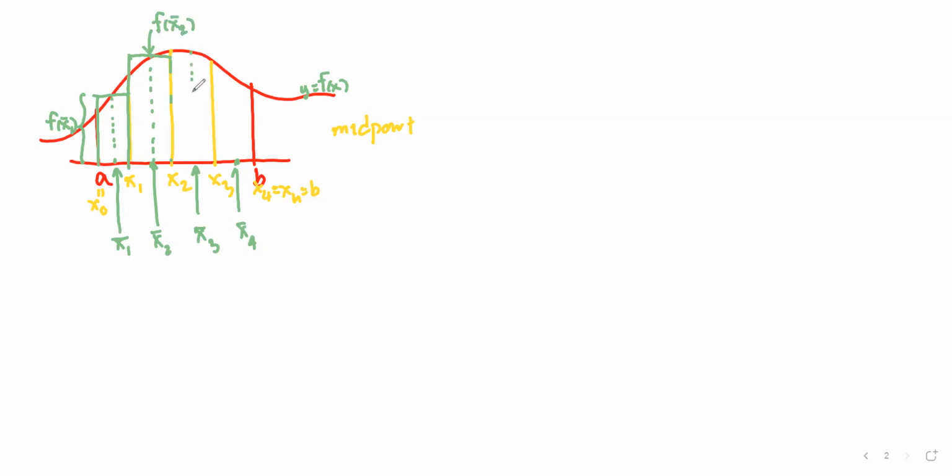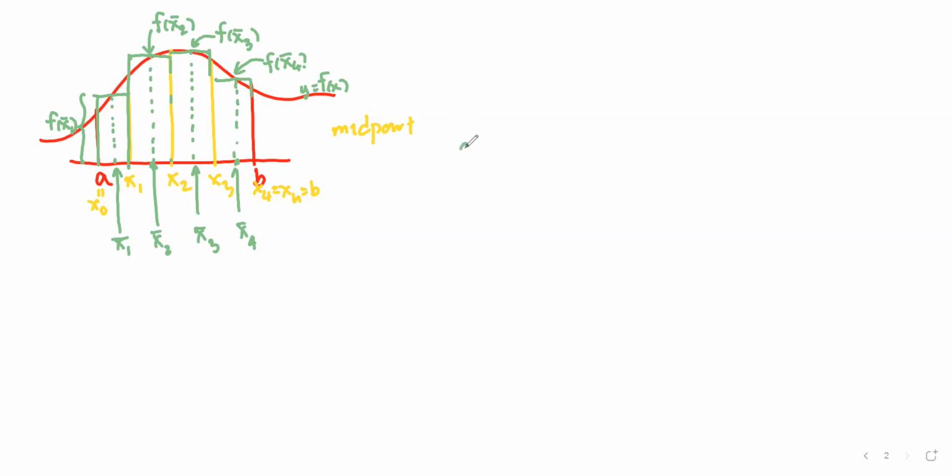And the next one, same way, the height is the function at x bar number 3. And the last one is the function value at x4 bar, or the midpoint of the 4th subinterval.